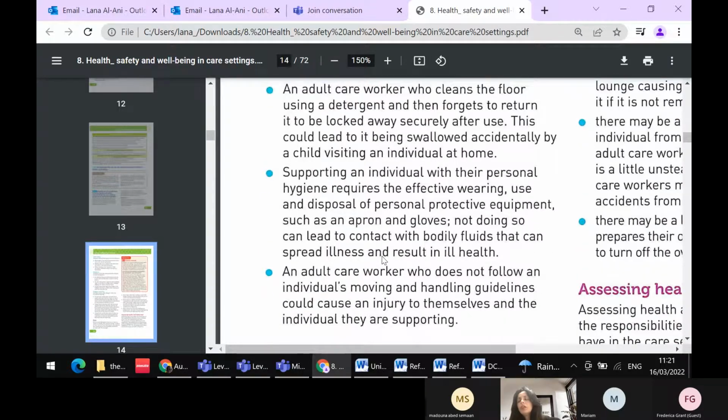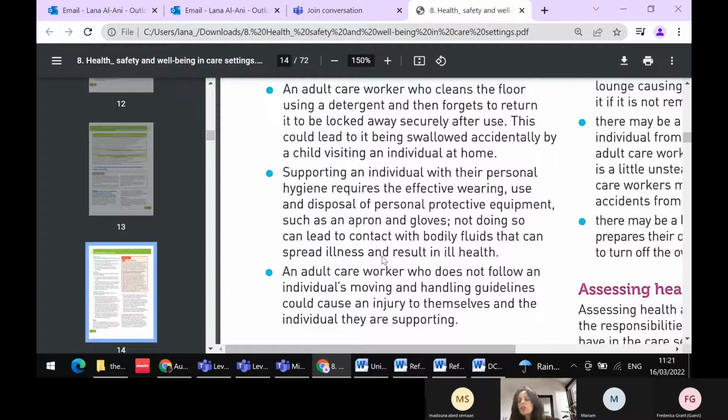Also, if we support people with their hygiene, we need to wear gloves. If we don't wear gloves, we will spread the infection if they have any infections, or if we deal with body fluid we could easily spread diseases. So we need to make sure about this as well.